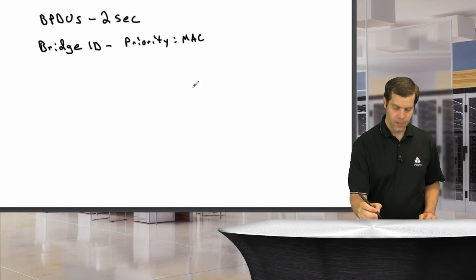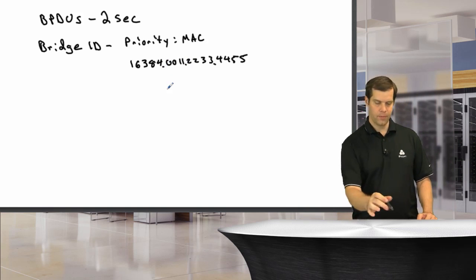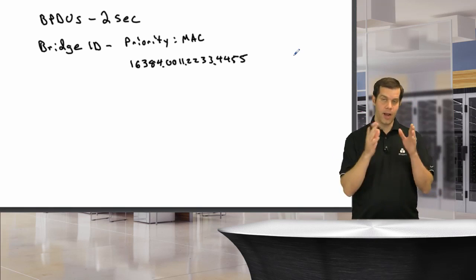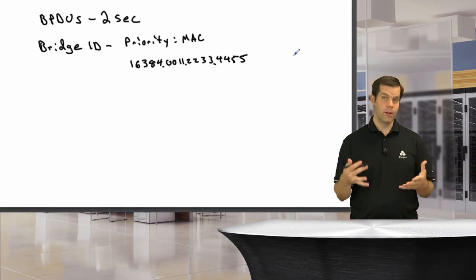So if the priority was 16384 and the MAC address was 001122334455, it just creates this long string, essentially. It would be formatted a little differently; this is in decimal, this is in hex, sorry about that, but you get the idea. It's the priority followed by the MAC address, and that is the bridge ID.